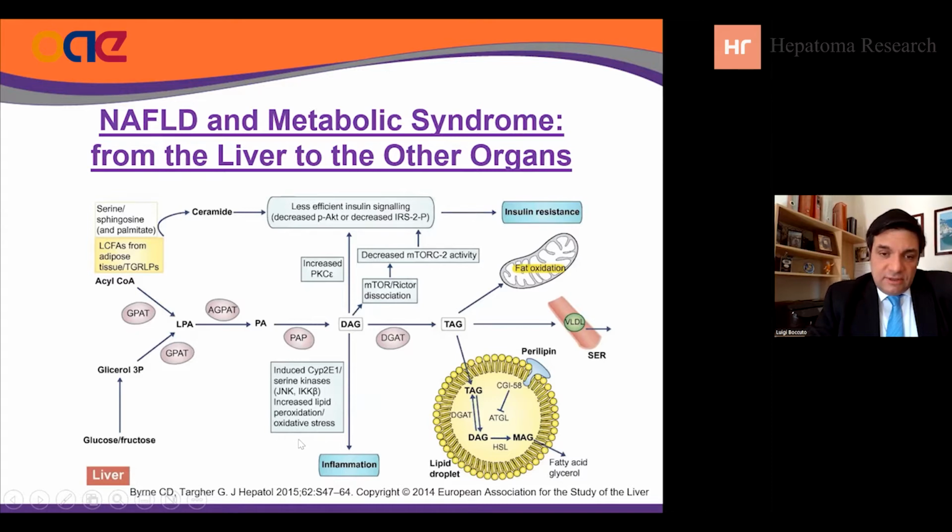The critical point about the inflammation is its chronic feature. So it's not just an acute event, but something that once established, remains and affects not only liver tissue, but several other organs. This is quite important to understand the systemic consequences of NAFLD.